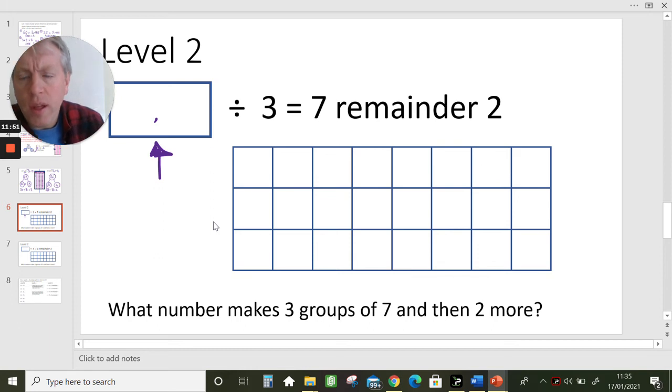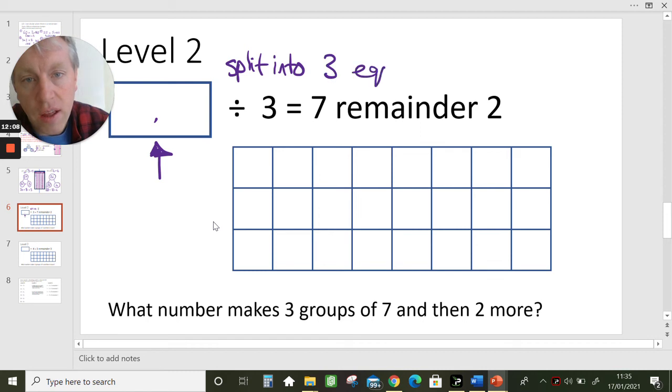Well, what we've got to do is think, there is a number, I don't know what it is, but I know that it is split into 3 equal parts, because that's what divided by 3 means. So I'm going to draw that.